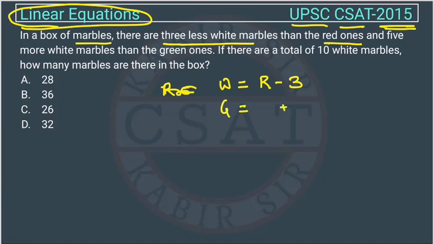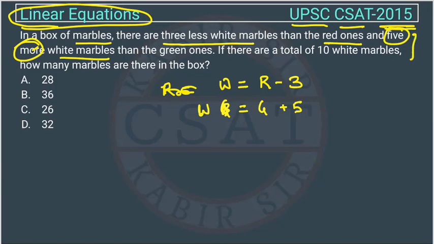Green marble is 5 less than white. They have given 5 more white marbles than the green ones, so white marble is 5 more than the green marble, right?